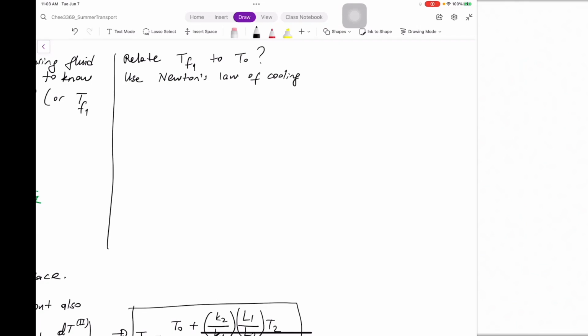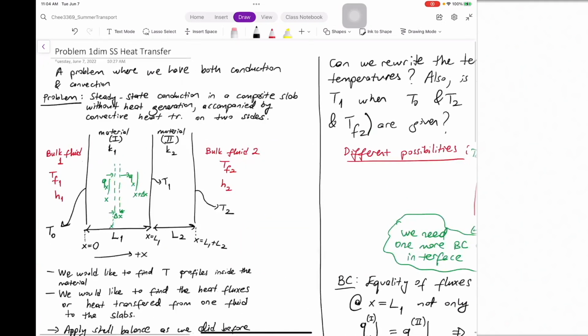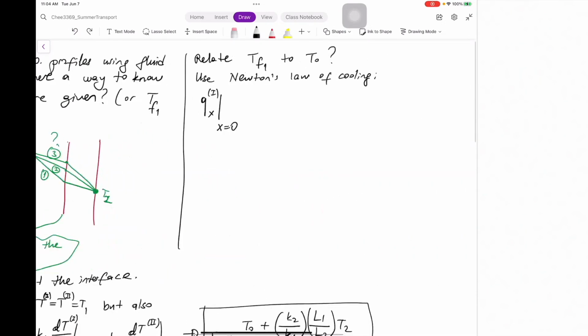To find Qx at x is equal to 0 for the material 1, correct? So I'm talking about this flux. That's equal to minus K1, the conductivity of the first material, dT of the material 1 over dx.